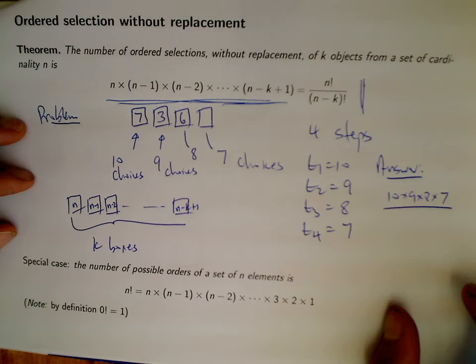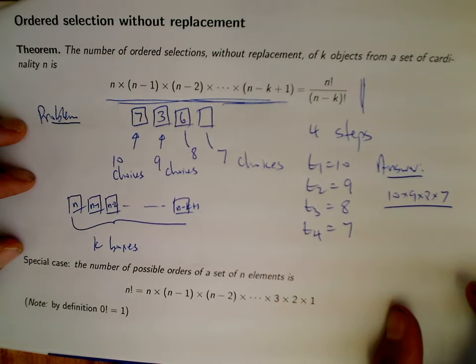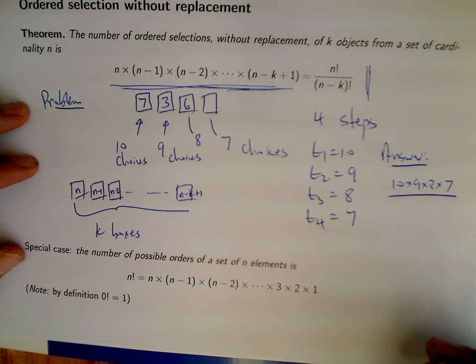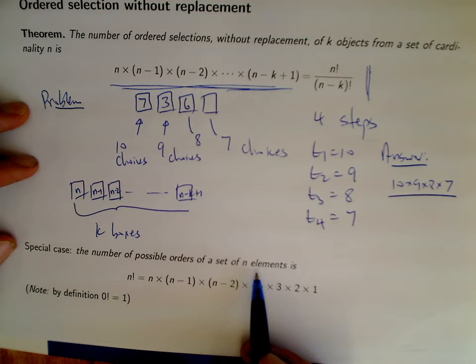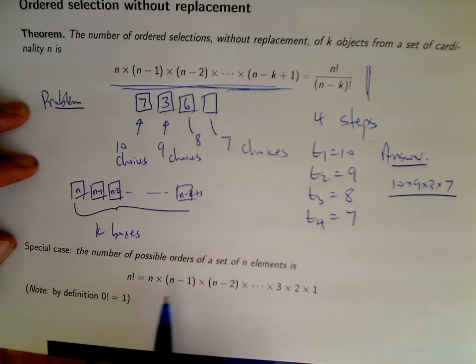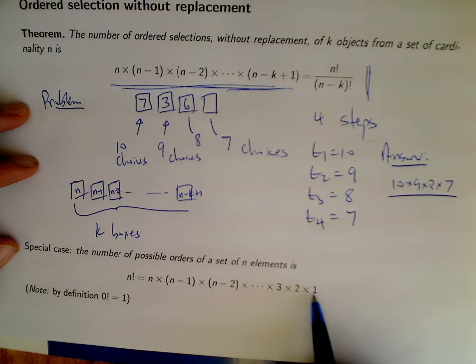And as a special case of this, if we actually choose all n elements, then that gives us the number of possible orders of a set of n elements. If we choose all of them, the number of ways to do that is n factorial, which is n times n minus 1 times n minus 2 times dot dot dot times 3 times 2 times 1.